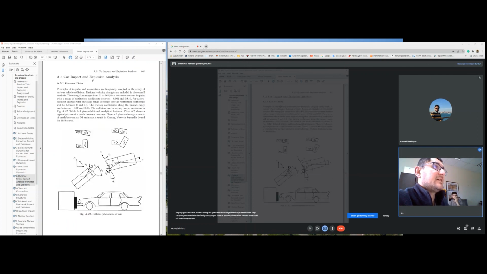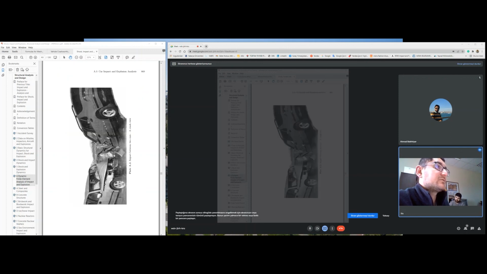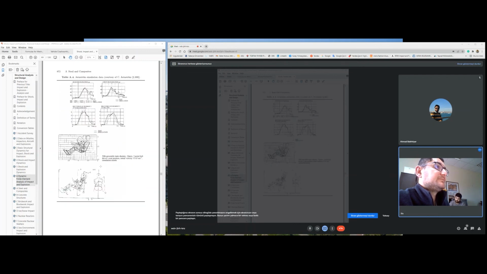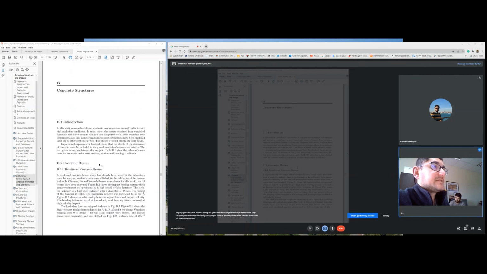Steel domes, car impact and explosion. Car impact. General description. Finite element analysis and results. A.5.2 also can be checked. Yes, concrete structures and the other parts will be different.